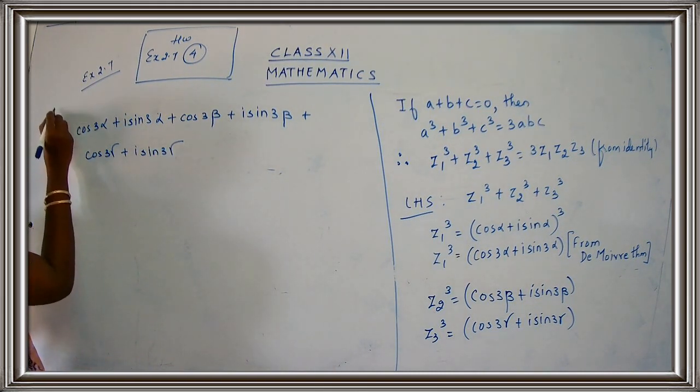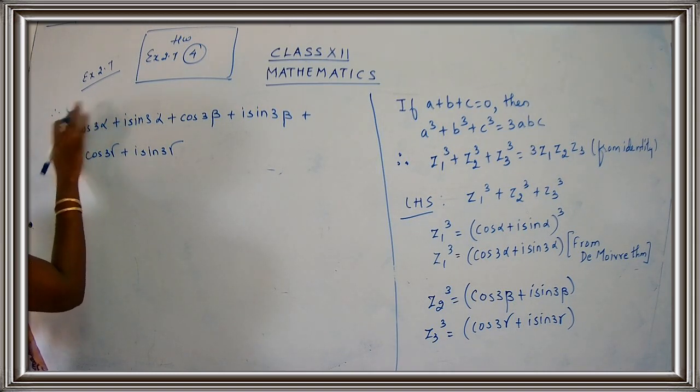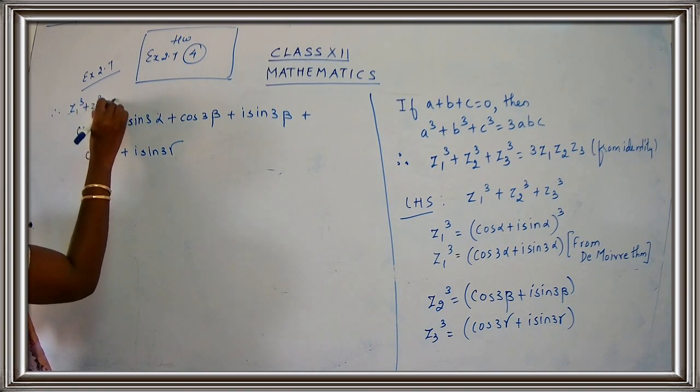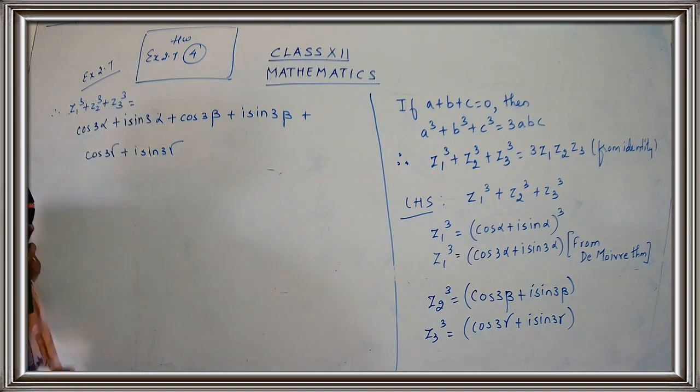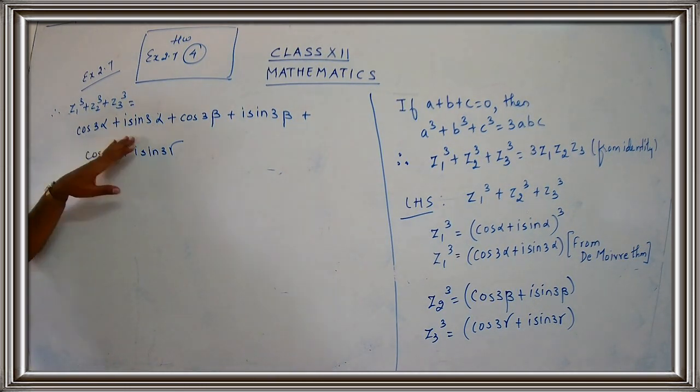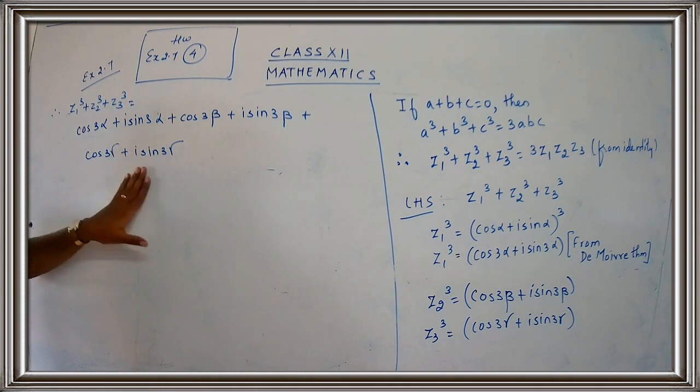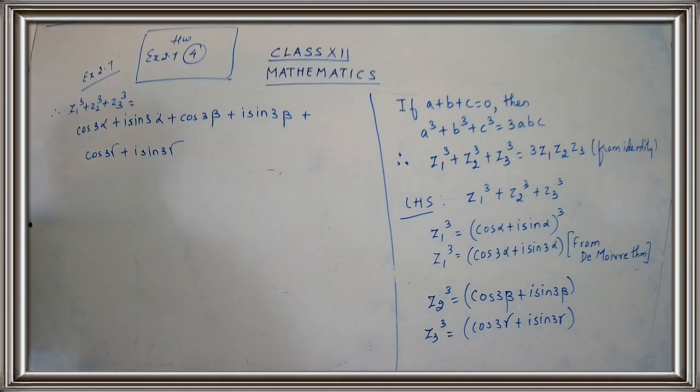You can put here, therefore LHS is equal to, or you can put, therefore Z1 cube plus Z2 cube plus Z3 cube is equal to, you are going to add all the three answers. So I get cos 3 alpha plus I sin 3 alpha, cos 3 beta plus I sin 3 beta, and cos 3 gamma plus I sin 3 gamma. So we have completed the LHS part.